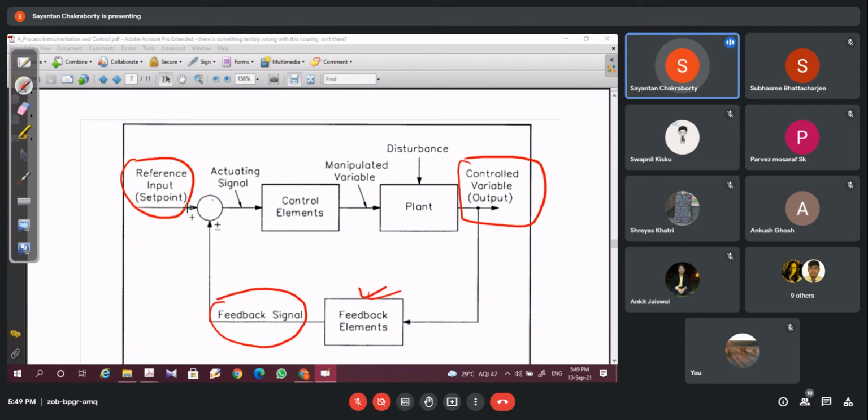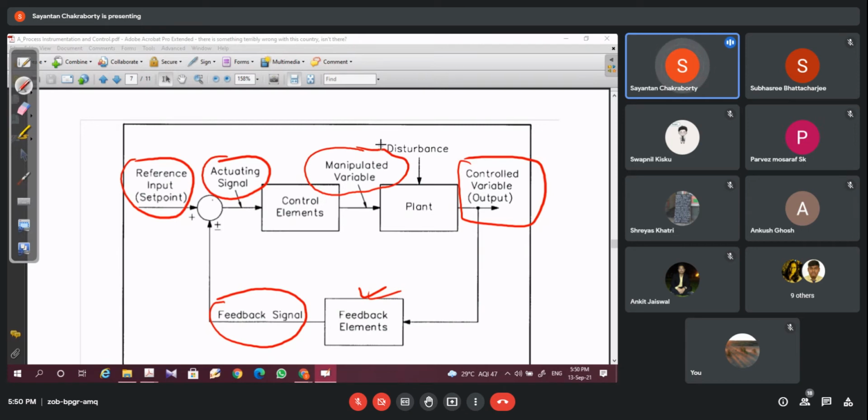Now, this reference signal, when compared to this feedback signal, will generate the actuating signal or error signal, which will be fed to the control elements and the control system part, where it will be controller. This controller will determine, based on this difference, what control action need to be taken, and that will be translated in terms of this manipulated variable, which will cause some parameter to change in the plant itself.